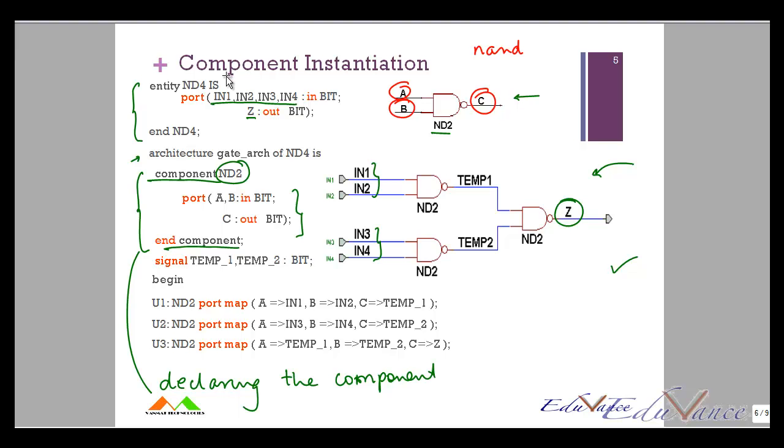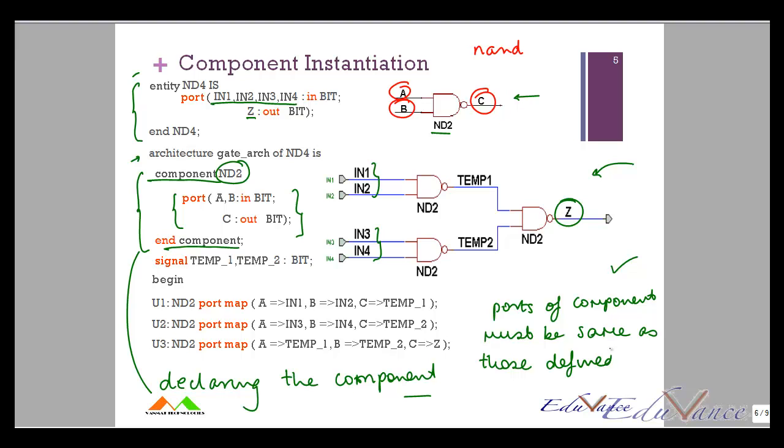Okay, I hope you are following me. So just a quick recap: first I will declare the entity of the larger design like I do in any regular VHDL code, and then I will declare the component, and the ports of the component must be the same as those defined in the component VHDL code.